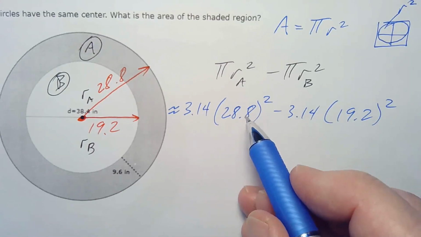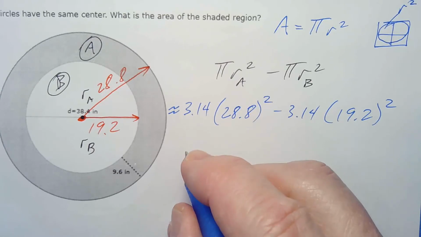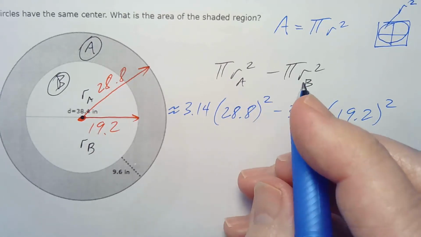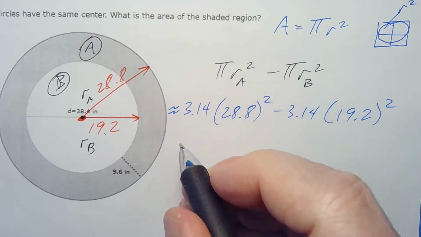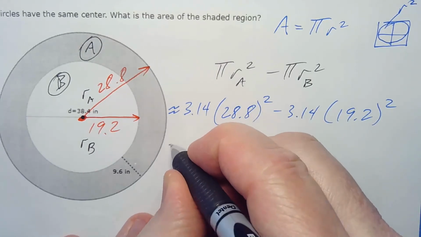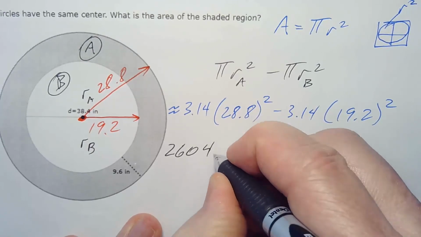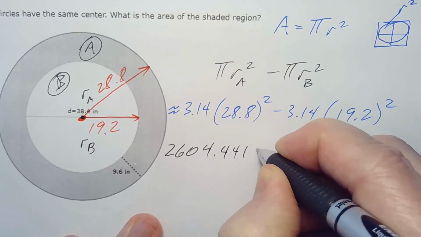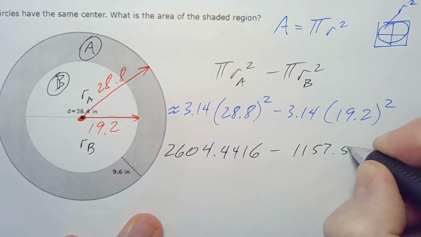Now, when we multiply all that out, you're going to get a big, messy number. There's no way to avoid it. It's just what's going to happen. So here it goes. I've got 2604.4416 minus 1157.5296.